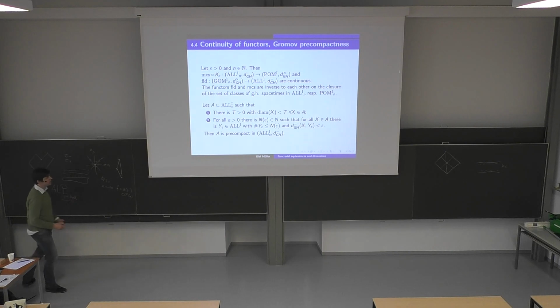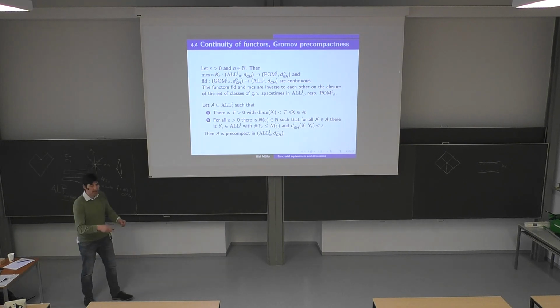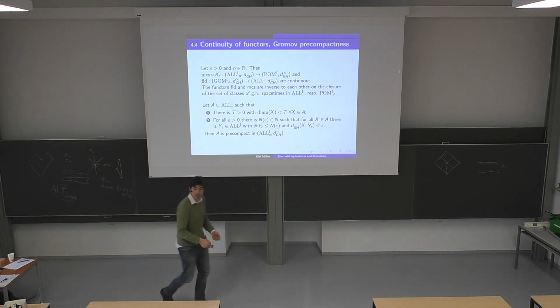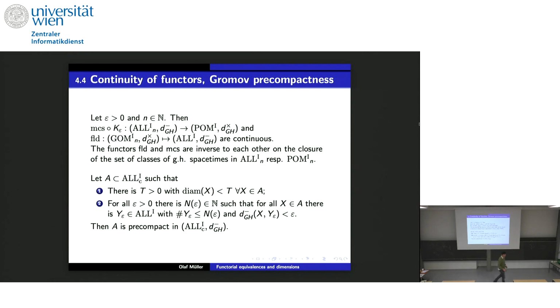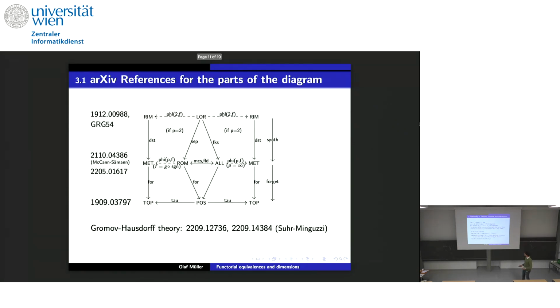Because here the idea is really to take points, I mean to take discrete subsets, and it's not length spaces. But if you have some finite Y epsilon that is epsilon-dense in all of them, then the set is pre-compact. So this is in direct analogy to the Gromov compactness statement in the Riemannian setting.